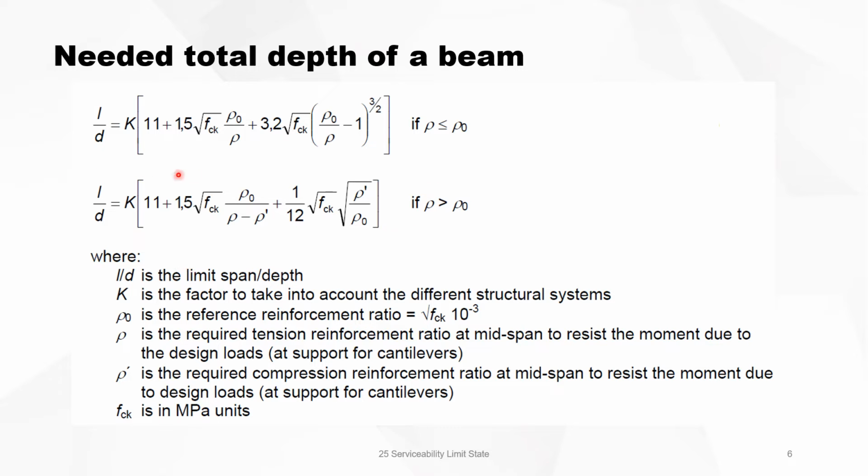Otherwise, for highly reinforced beams or beams with tension reinforcement and compression reinforcement, you should use this formula. So this gives only an estimate of the required span to depth ratio.